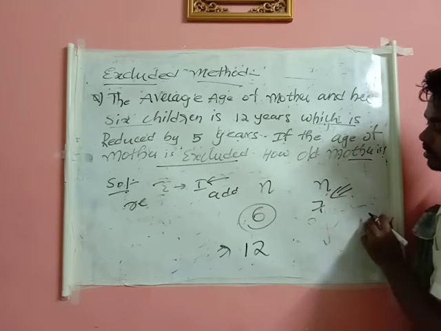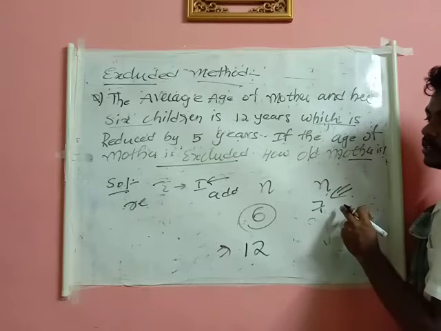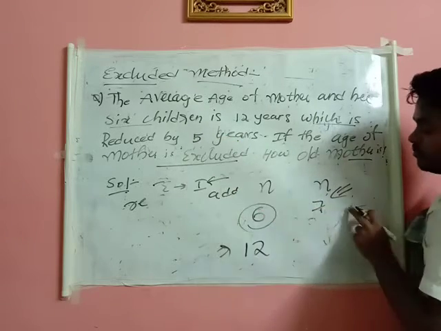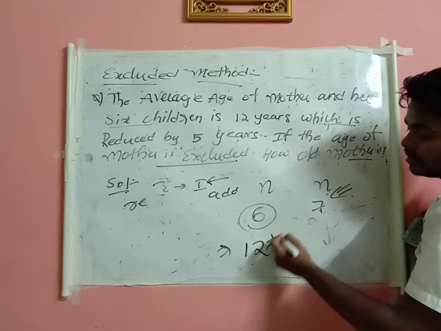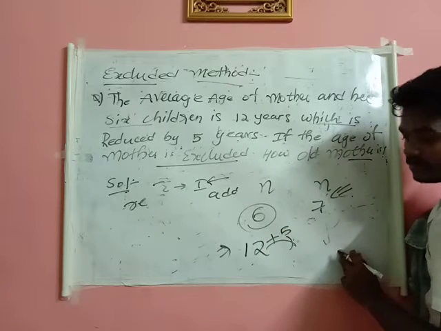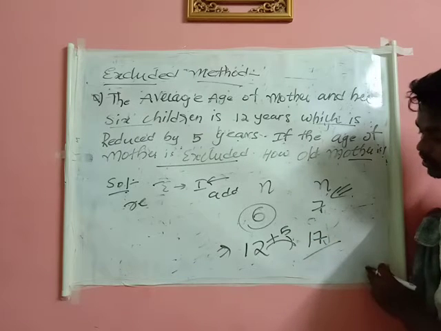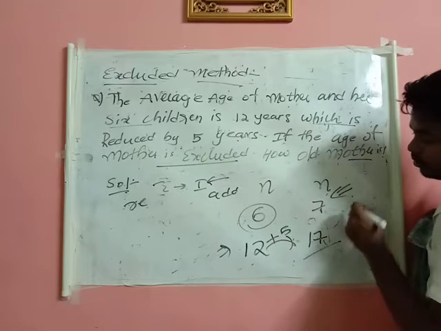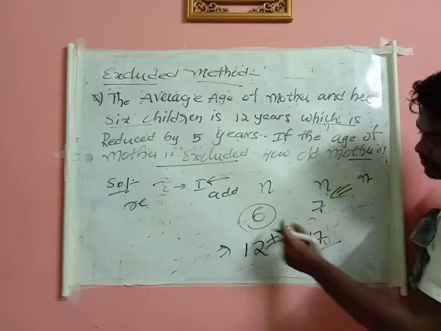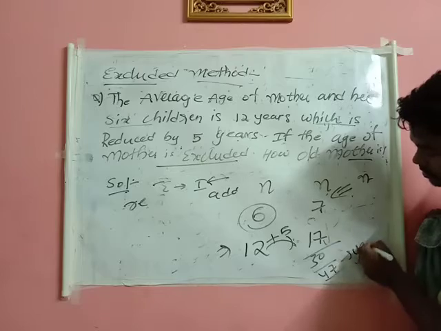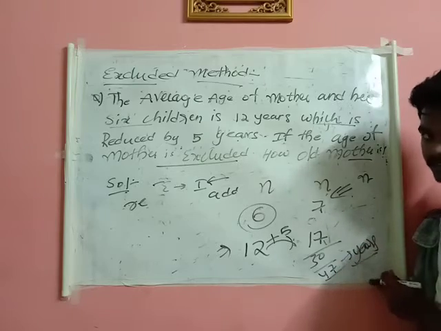The mother is included. If the mother is excluded, the average reduces by 5 years. If the mother is included, the average increases by 5 years. So 12 plus 5 is 17. Then the new average is 17. Now, what is my mother's age? 5 into 6, 30. So 47 years. The age of the mother is 47 years, right?